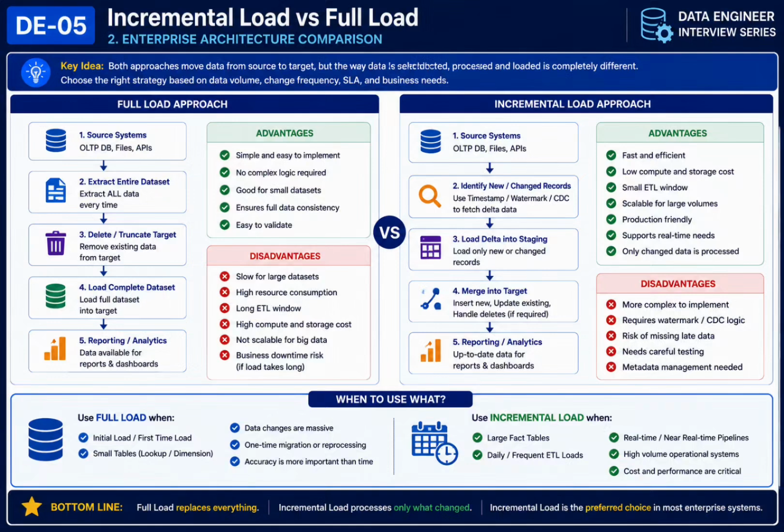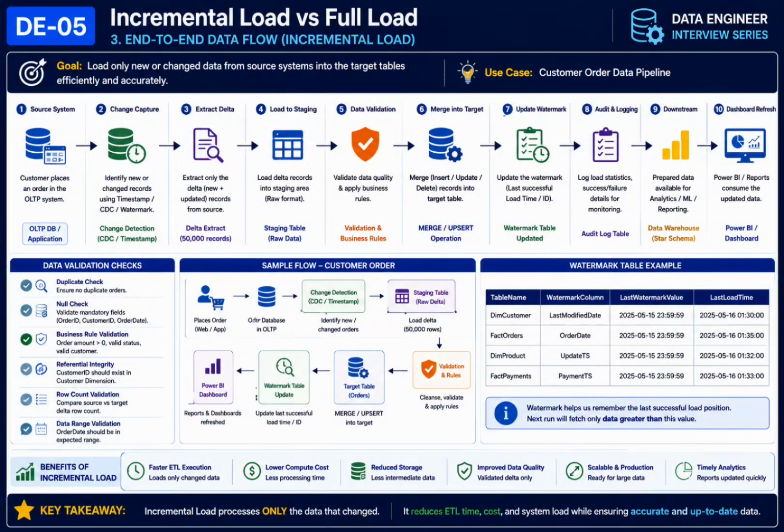One thing I always tell in interviews is that both approaches move data from source to target. The real difference is how much data is processed during each execution. So let's walk through the entire incremental load process. A customer places an order through the website.